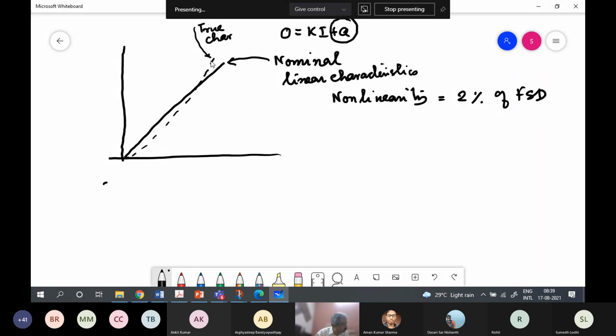Well, the diagram is not like 2%, it is exaggerated, so don't bother about that. So this is 2% of full scale, right?